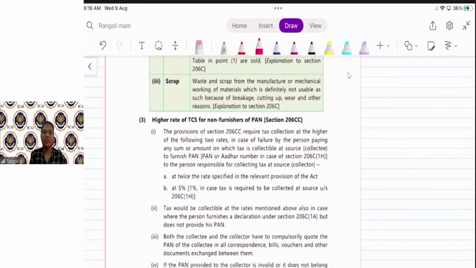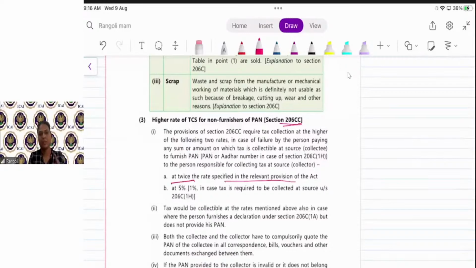So if the buyer has not provided PAN to the seller, then the seller will collect TCS at a higher rate under section 206CC. See, 206AA is in case of TDS. We have already discussed that, the higher rate. Here also, if the buyer has not provided his PAN to the seller, then the seller will collect TCS at a higher rate, that is twice the rate prescribed in the relevant section.